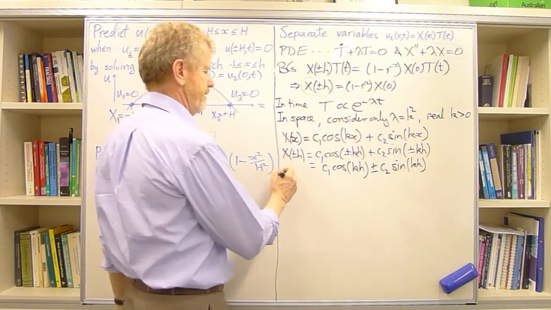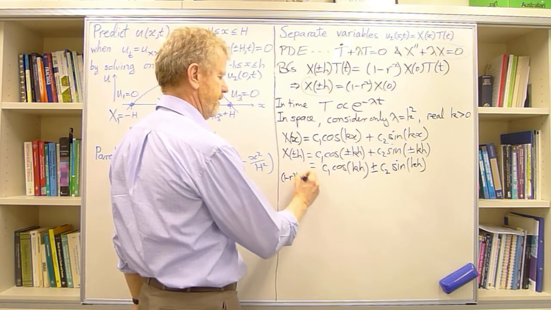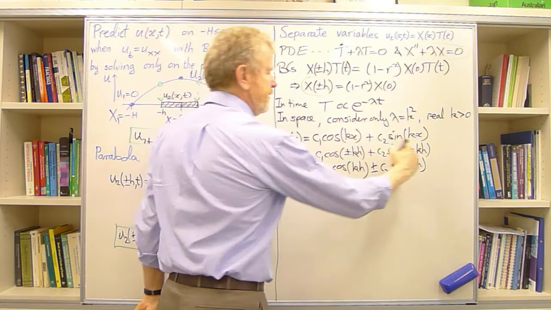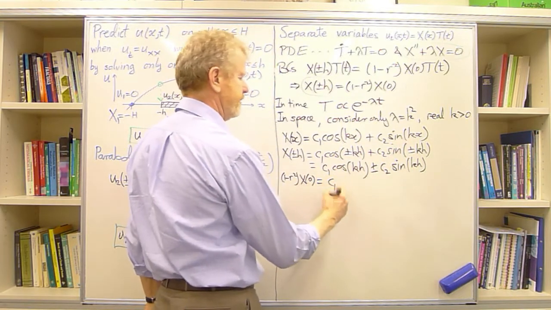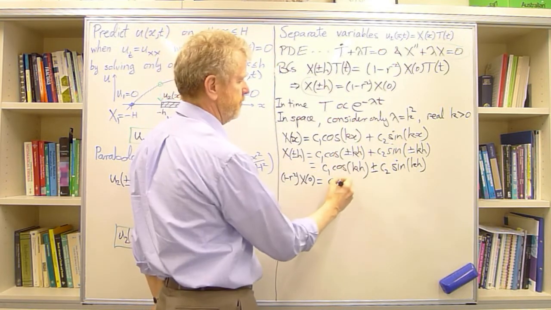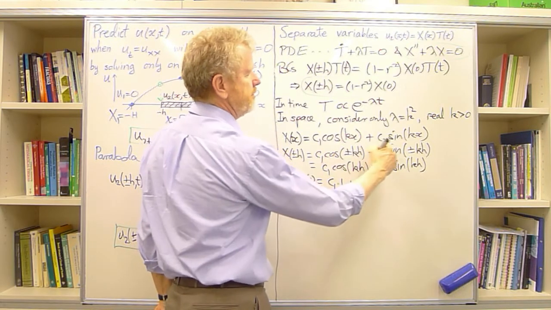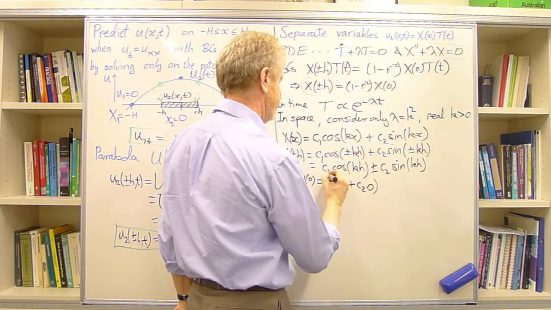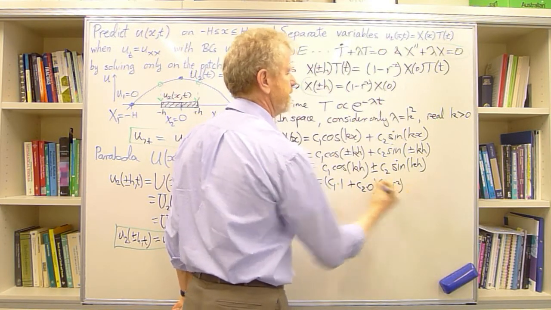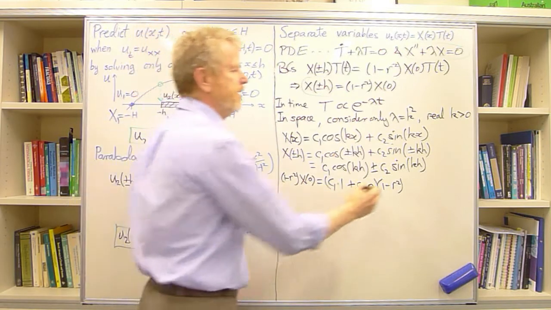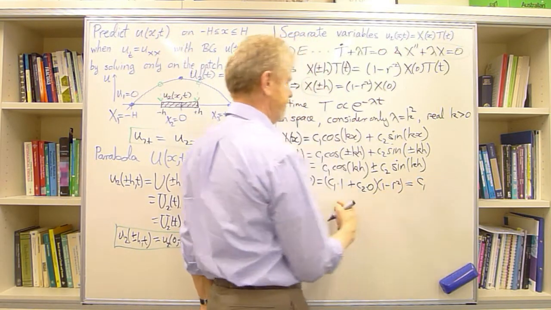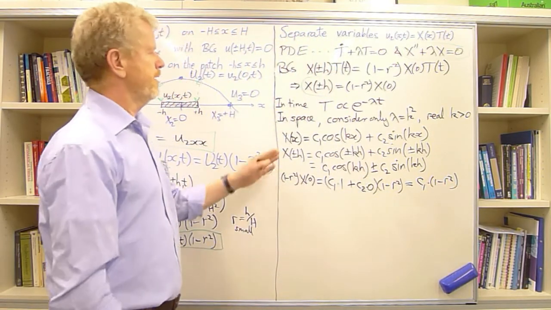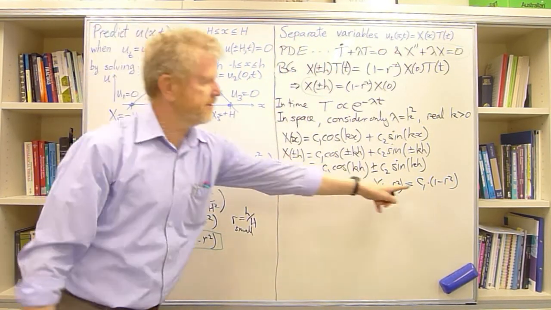The right-hand side is 1 minus r squared times X of 0. With this X, that is c1 times cos of 0, which is 1, plus c2 times sine of 0, which is 0, and that's all times the 1 minus r squared factor. So this simplifies to just c1 times 1 minus r squared. And the boundary condition is that this has to be equal to that.